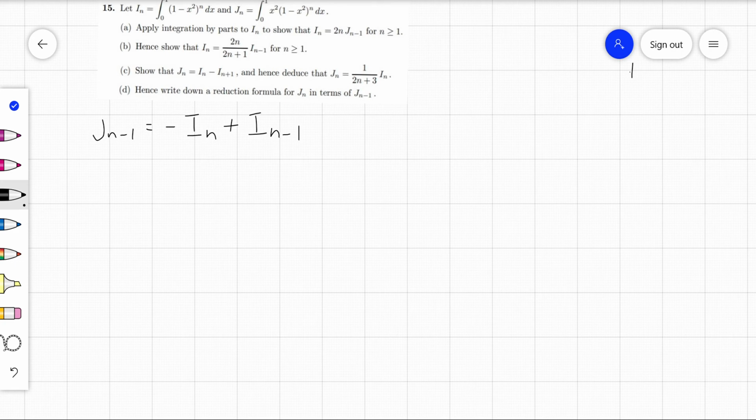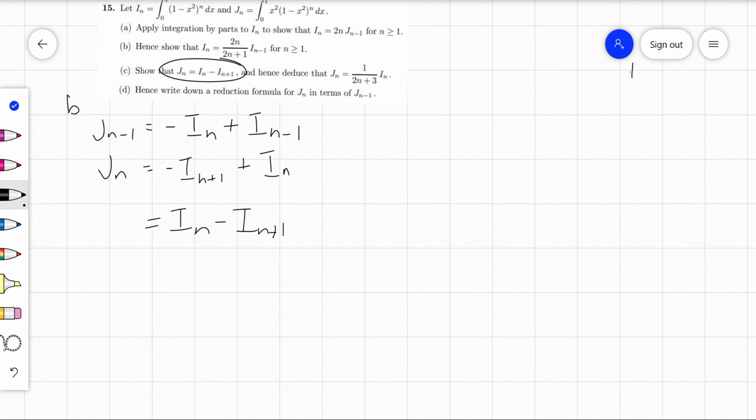We had that, and then we substituted the In on 2n In. That was our second last part, so we already have that, so let's use that. If I change that to Jn, we're just adding 1 to each one. This one will be In plus 1, and this one will be In. If I just rearrange that, there we go. So we've shown that, just using our part B.